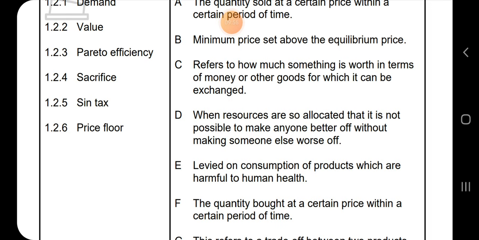So there's nothing you can do. Resources are so allocated that if you take something from the other one, you're going to make them worse off. So you better leave them the way they are. So that will go with Pareto efficiency. Okay, 1.2.3 goes with D.